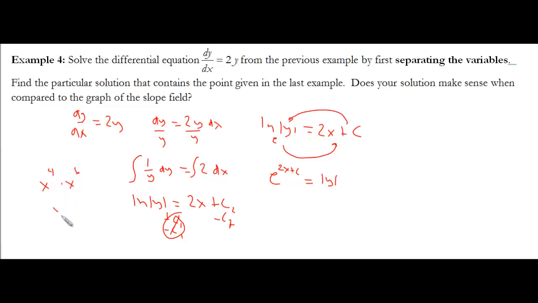So that's going to be x to the 4 plus 6. Well, it works the same way backwards. If I have x to the 4 plus 6, I can actually break that down into x to the 4th times x to the 6th, because we know that we're adding exponents. So over here, we can actually break this down into e to the 2x times e to the c. All right, and so that's true because you're adding exponents.